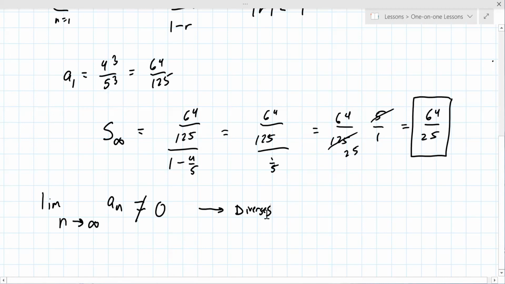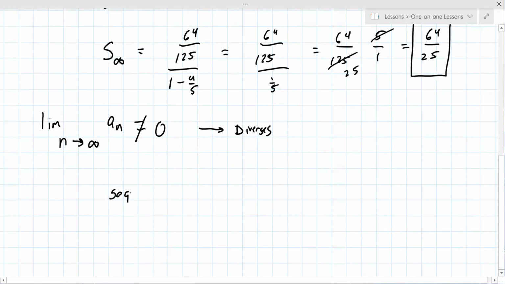The sum of the series. So you have to be very careful. There are two words, sequence and series. The sequence in this problem converges to 0. The series sums to 64 over 25.